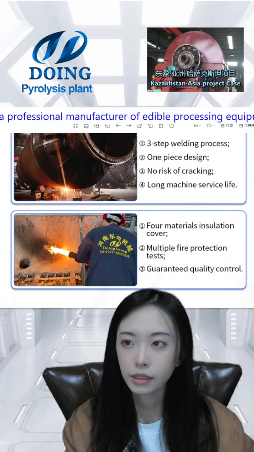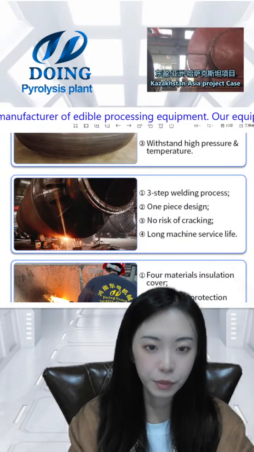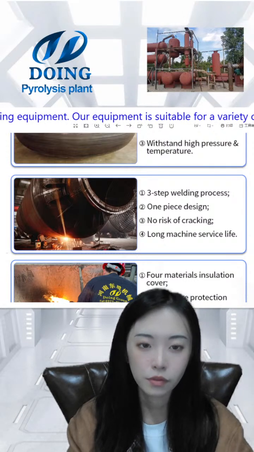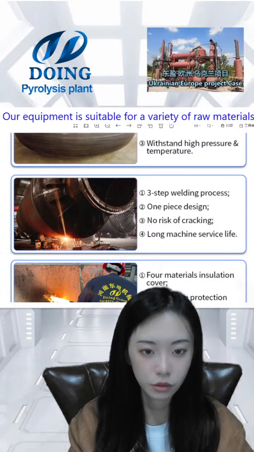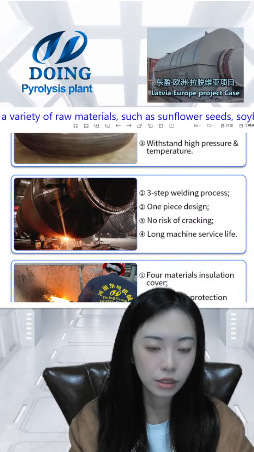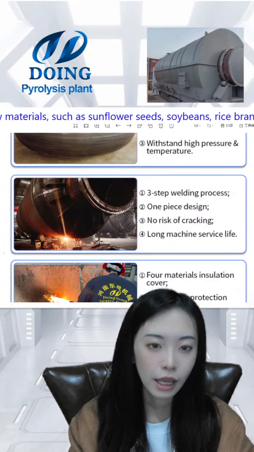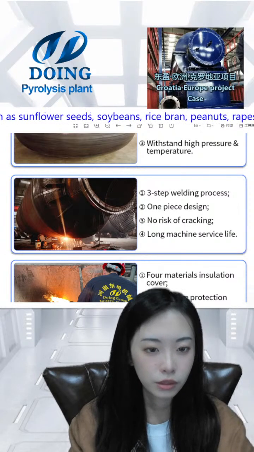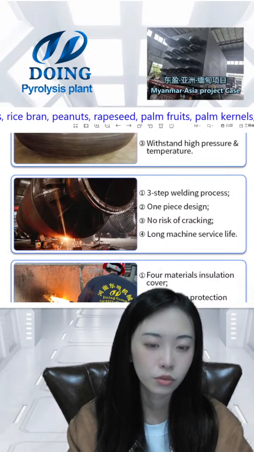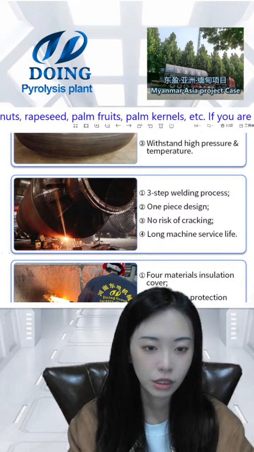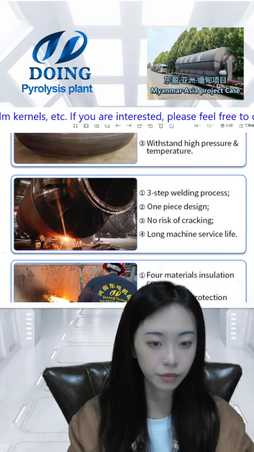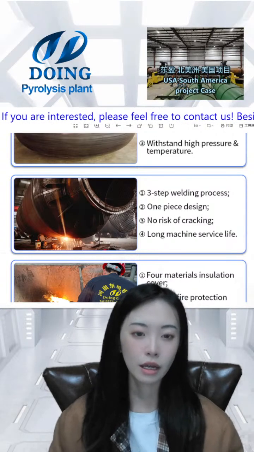And the third one, you can see how we built the furnace, the 3-step welding process. The first step: the workers control the 2 plates on the back side, and keep them from moving. The second step is using the welding machine to weld it, and the third is to control it and let it dry. And we use machinery to weld this, which has high efficiency.